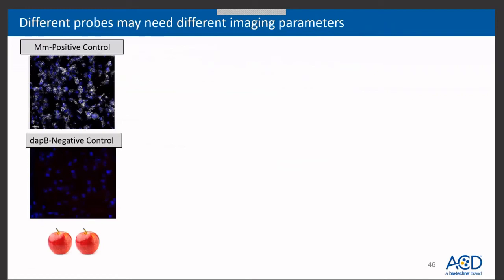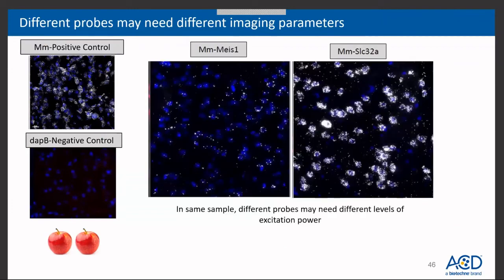Sometimes researchers don't understand that after setting these initial imaging parameters, using the same settings for positive and negative control slides, target probes may require you to adjust imaging parameters to capture optimal signal, depending on the expression level of the gene. So here, for instance, target probe SLC32A1 is a higher expressor than MEIS1.